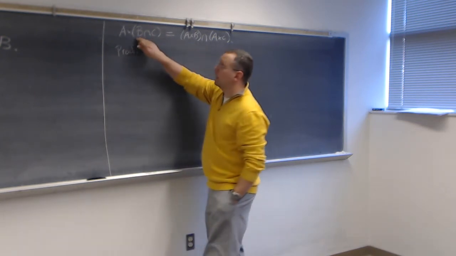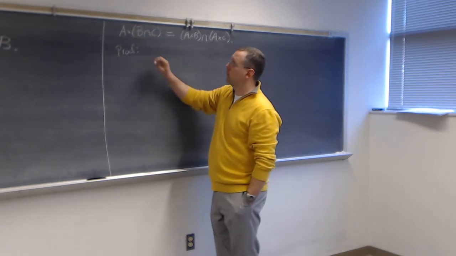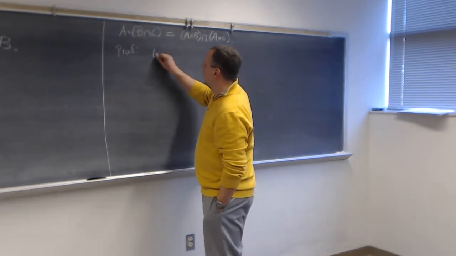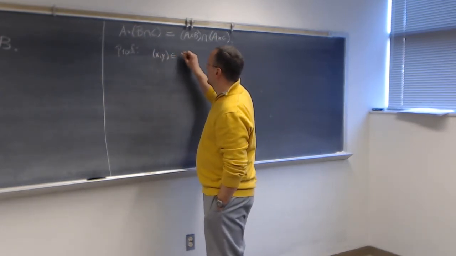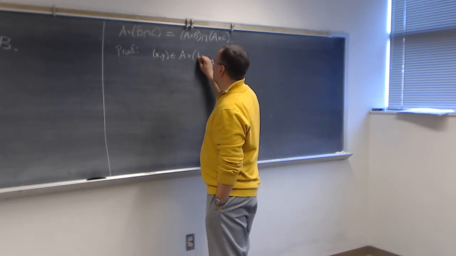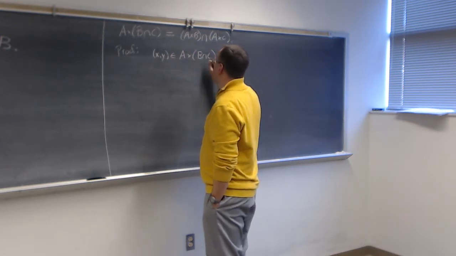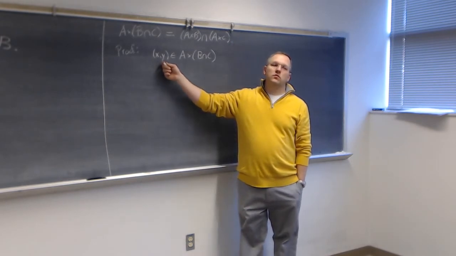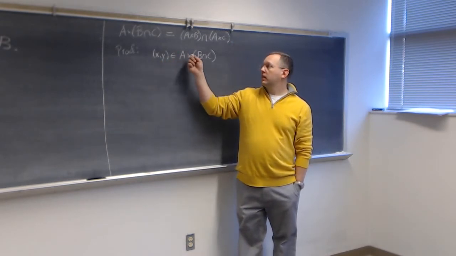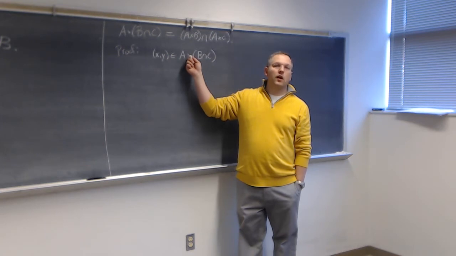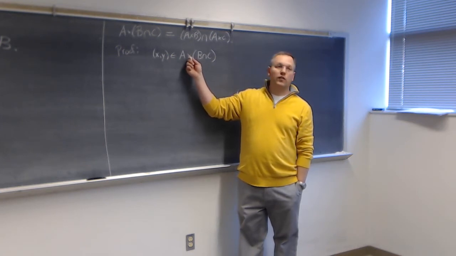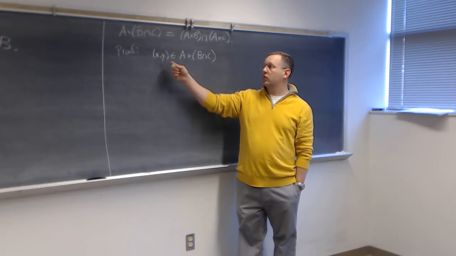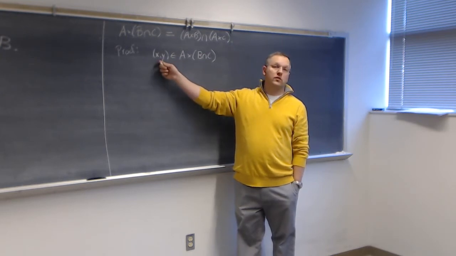So I'm going to take an arbitrary element of this set. I'll say (x, y) is an element of A cross (B intersect C). Why did I choose an ordered pair as an arbitrary element? Because when you have a Cartesian product, that's the only time you use ordered pairs.